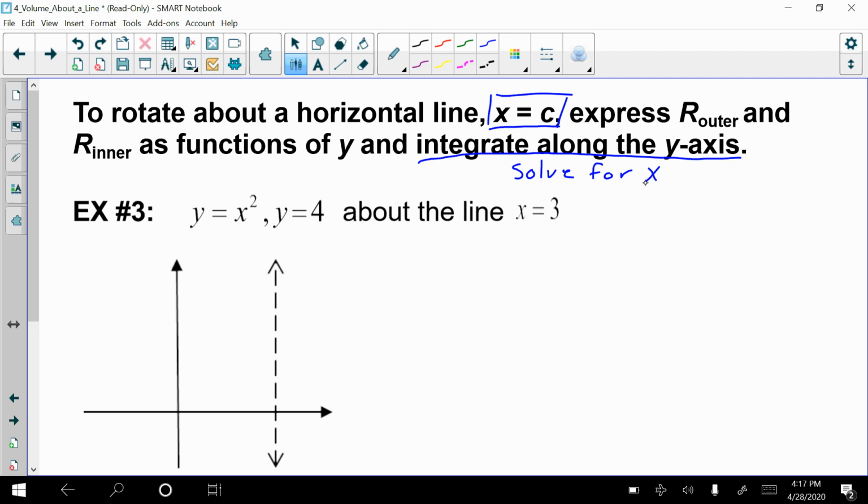And from here, the interval will be along the y-axis instead of the x-axis. And when we do our integration, instead of saying dx, we'll say dy. Whatever we have for our integrand, we'll do it with respect to y.